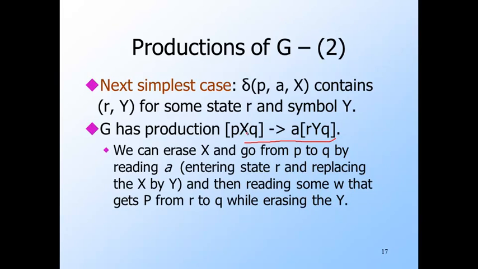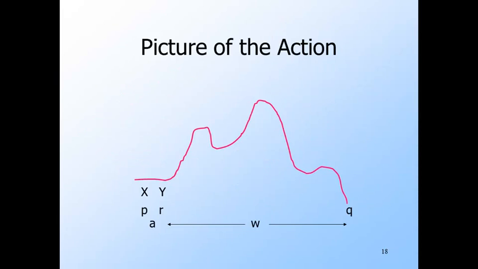Then some number of inputs, say w, has the net effect of popping the Y while going from state r to q. As a consequence, the net effect of reading a followed by w is to take state p to state q while popping the original X.